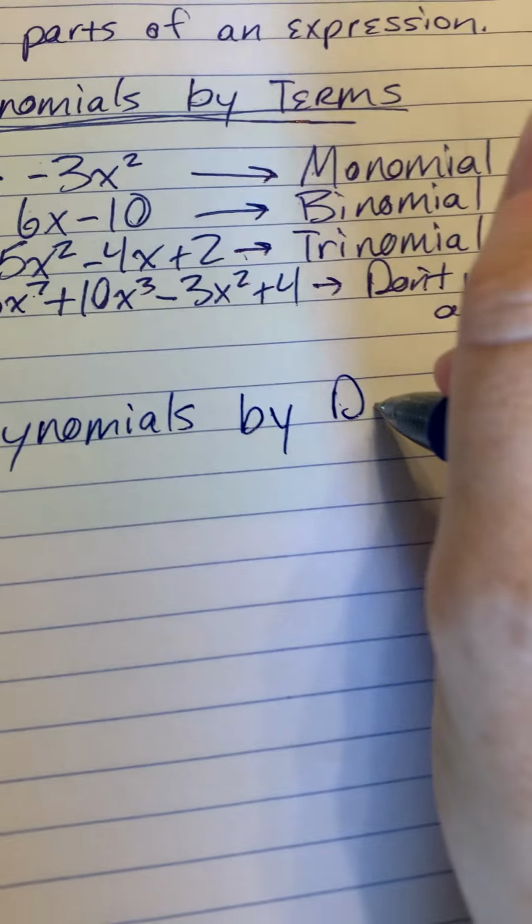Next up is third degree. So something like 5x to the third minus 7. That's third degree because the biggest exponent is 3. We would call that cubic.